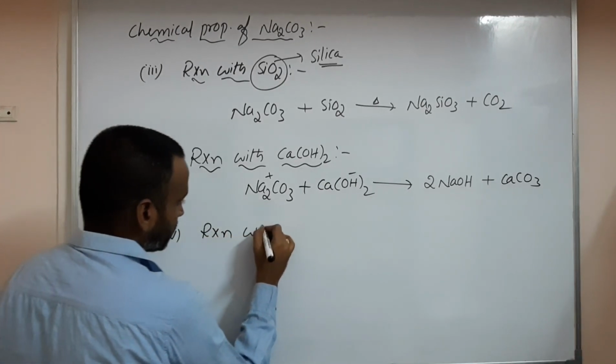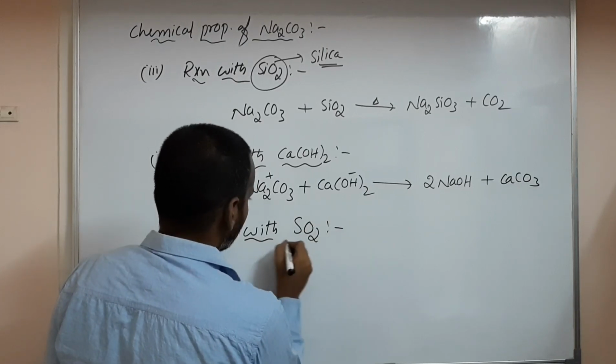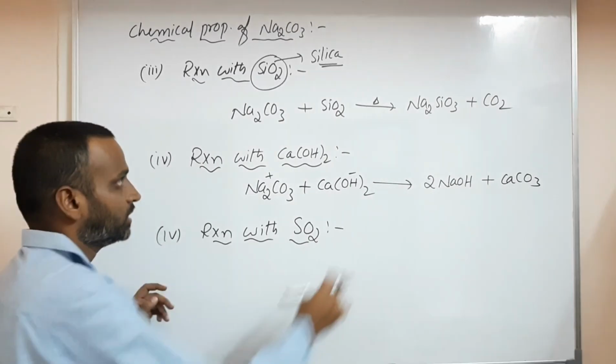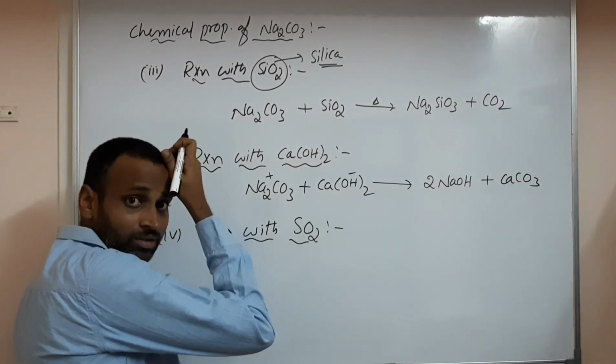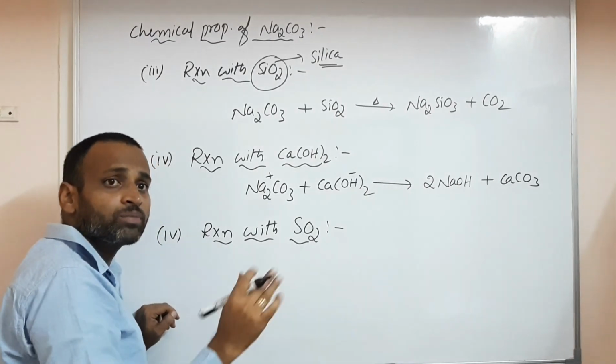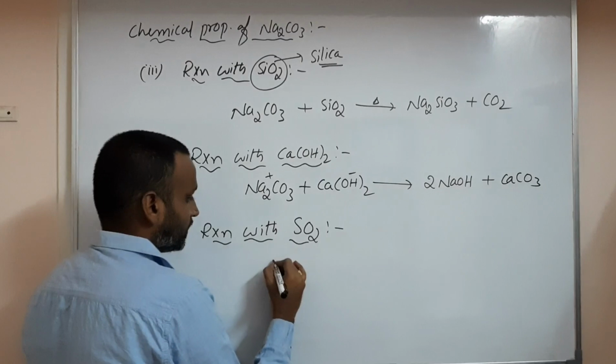Okay. Next one is reaction with sulfur dioxide, SO2. Same story, carbon replaced by sulfur, just like silicon. But when excess sulfur reacts, then sodium thiosulfate will come. I'll write that reaction.